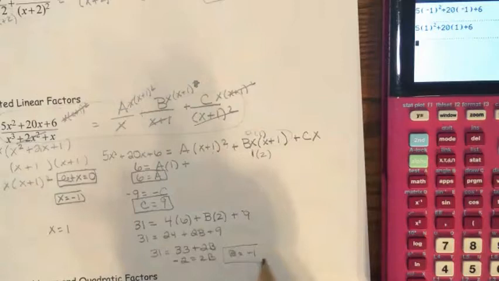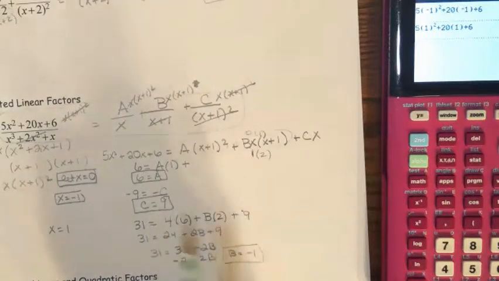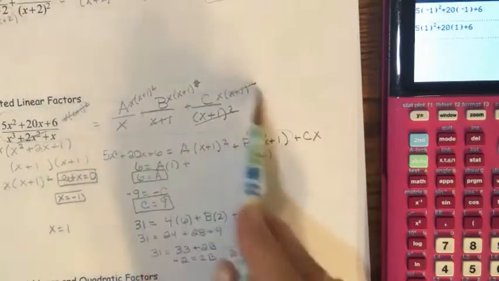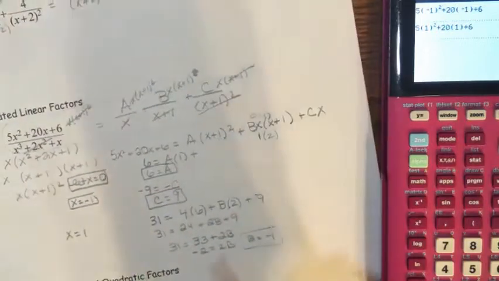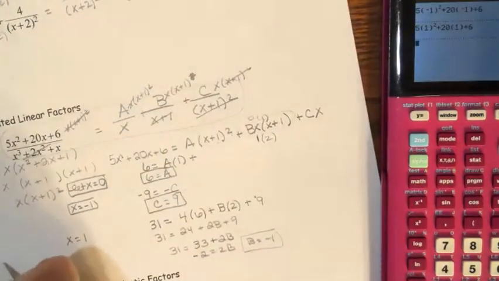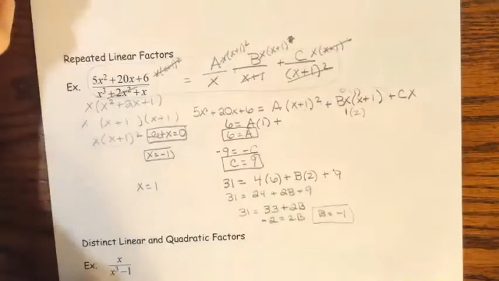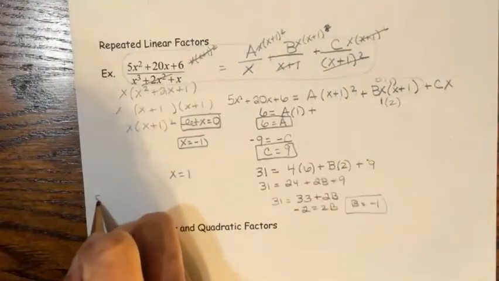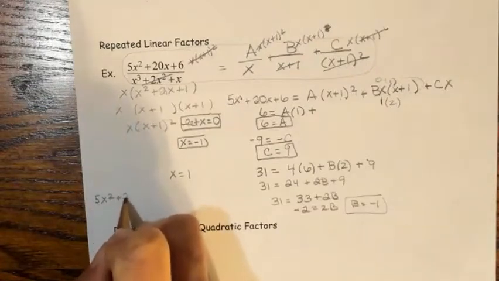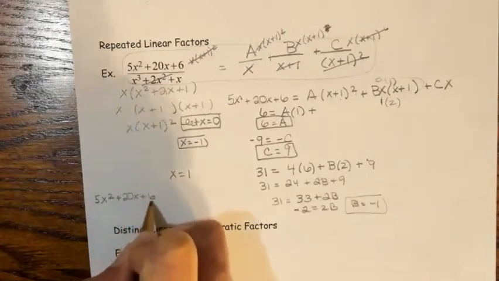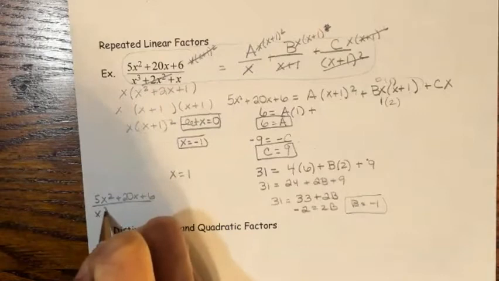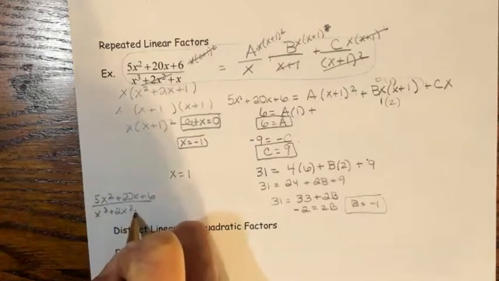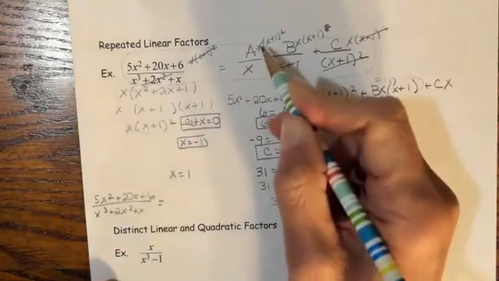So now I've got what a equals, what b equals, and what c equals. So then I can find my final answer. So I'll do that. Oops, I'm getting kind of sloppy here. Sorry about that. So I've got 5x squared plus 20x plus 6 over x cubed plus 2x squared plus x equals a over x.